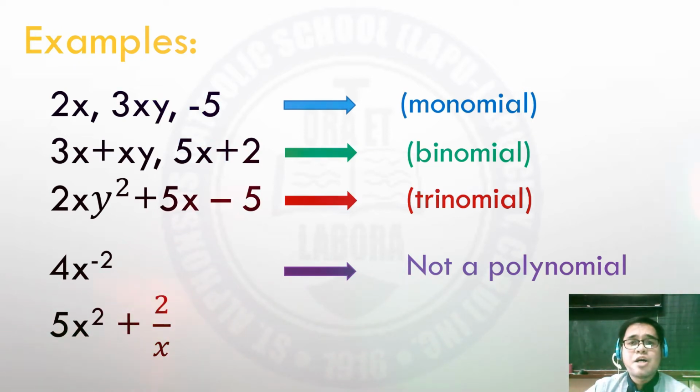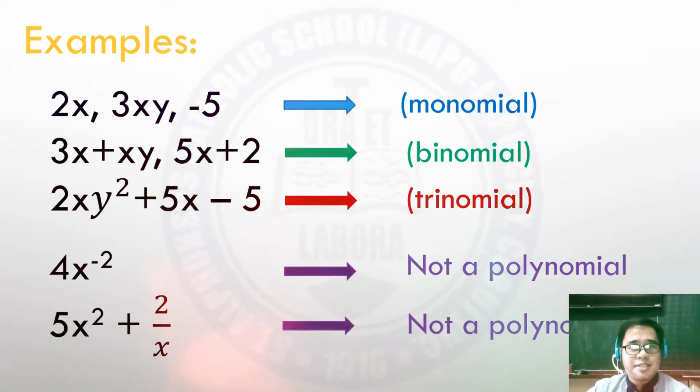That makes it not a polynomial. How about 5x squared plus 2 over x? Okay, this is also not a polynomial because there must be no variables in the denominator. As you can see there, in the second term, the denominator is a variable that makes it not a polynomial.